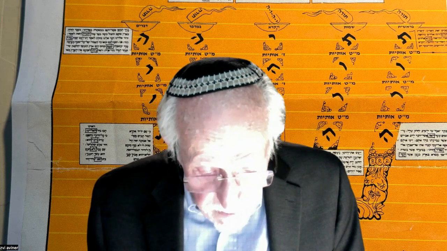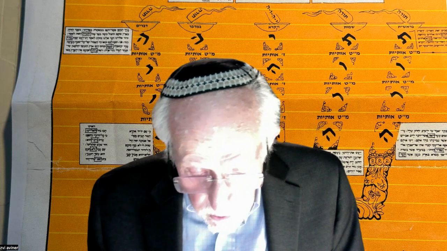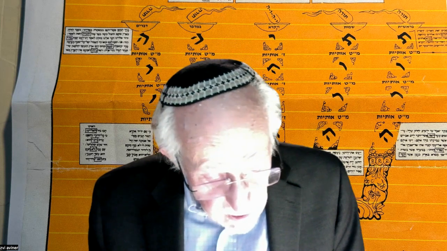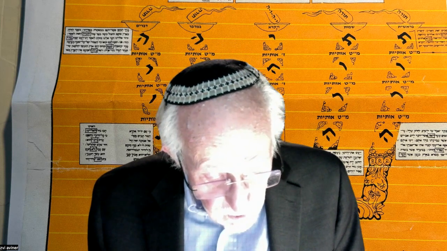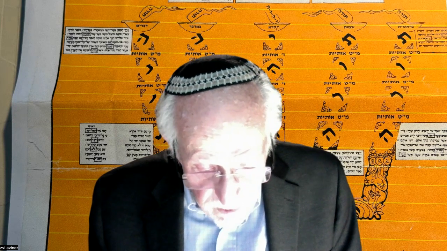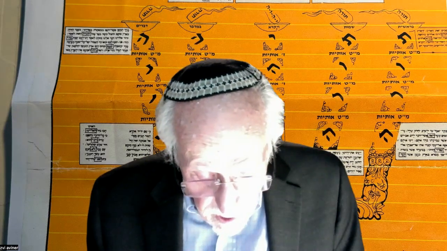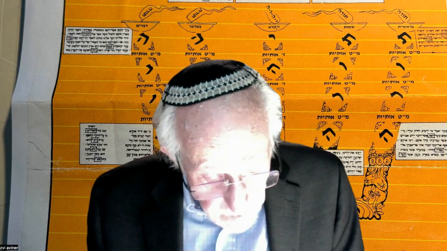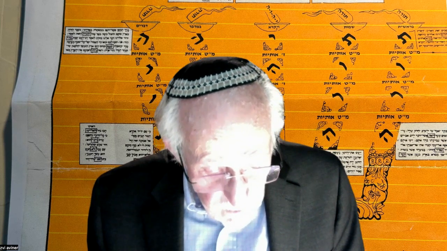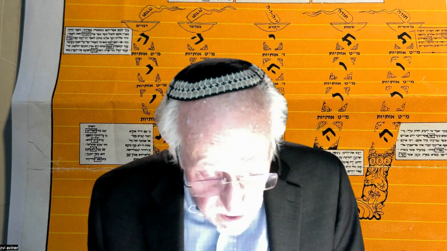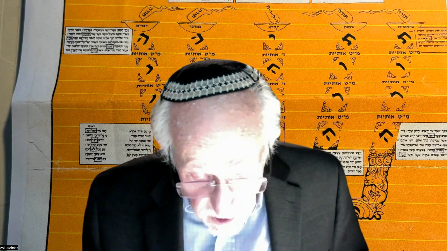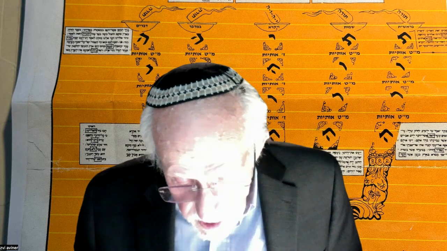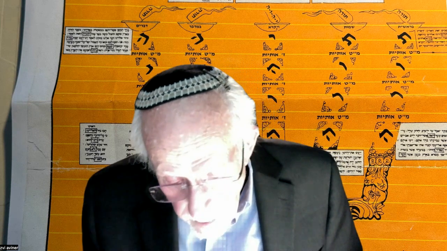Say to them, when a man among you brings an offering to Hashem, from animal, from cattle, from a flock, you bring your offering. If one's offering is an elevation offering from the cattle, he shall offer an unblemished male.